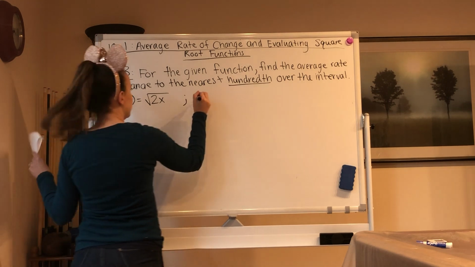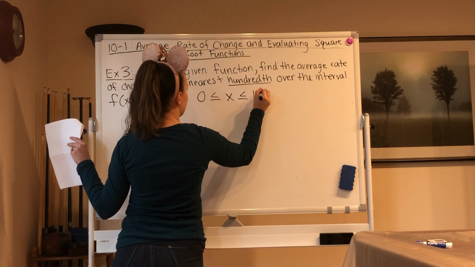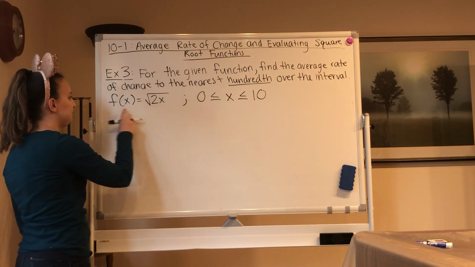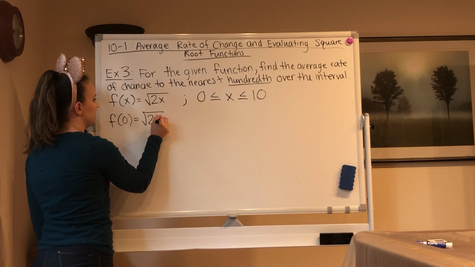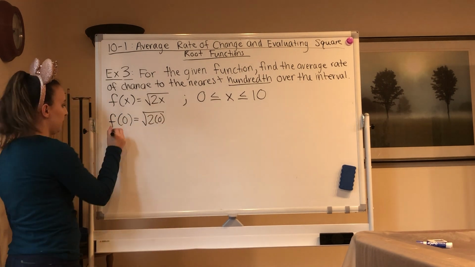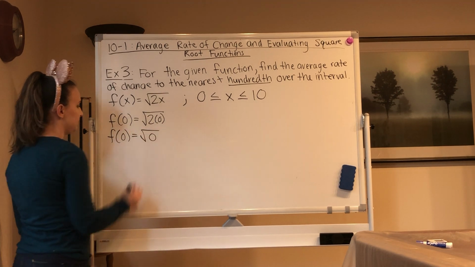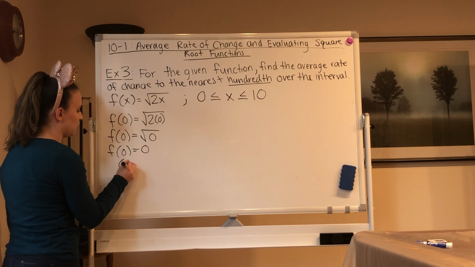The interval is 0 to 10. Plugging in 0, f of 0 equals the square root of 2 times 0. F of 0 equals the square root of 0. F of 0 equals 0, so that's the point 0, 0.